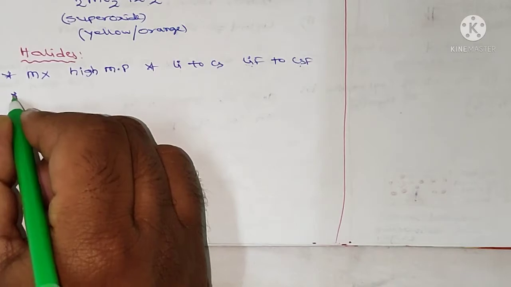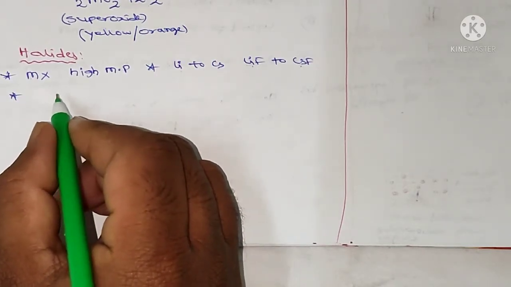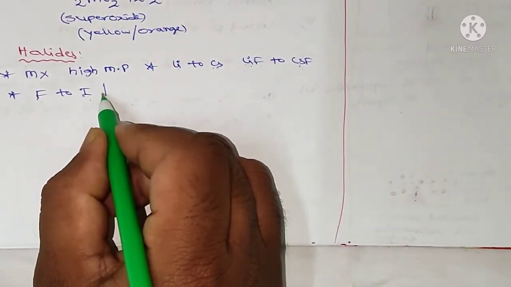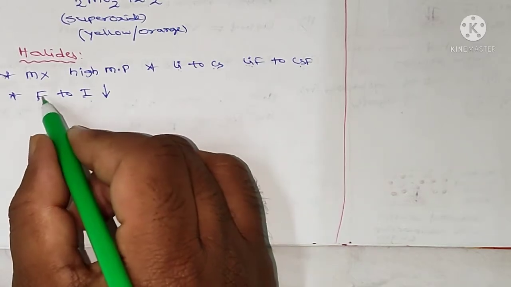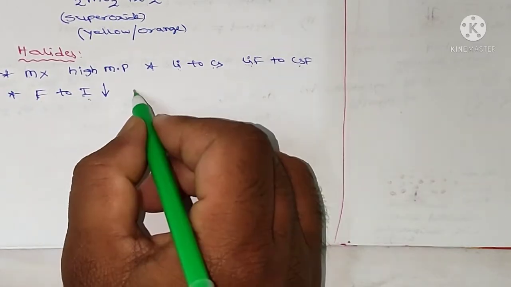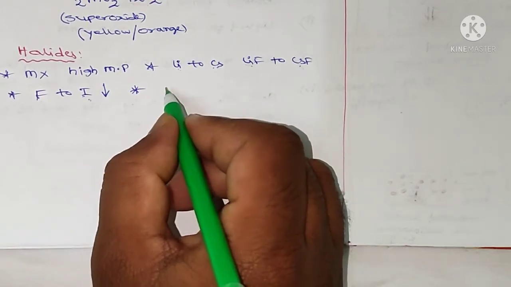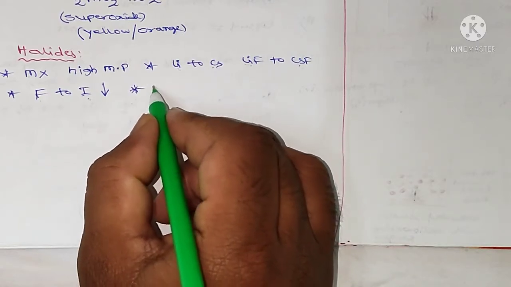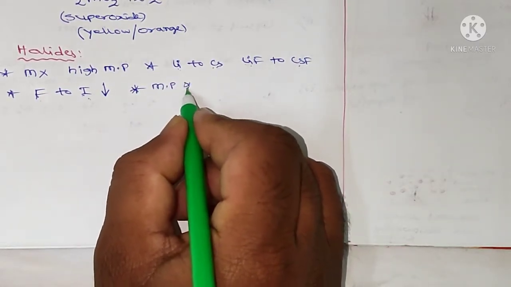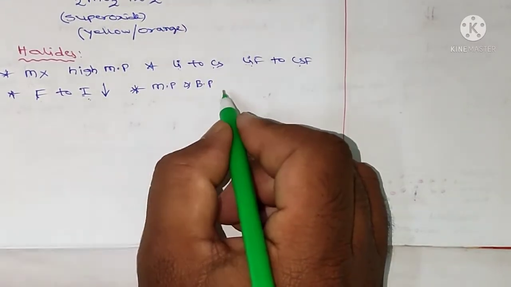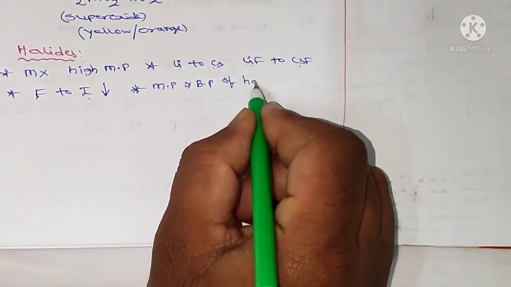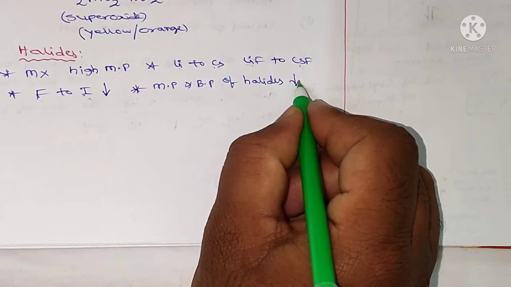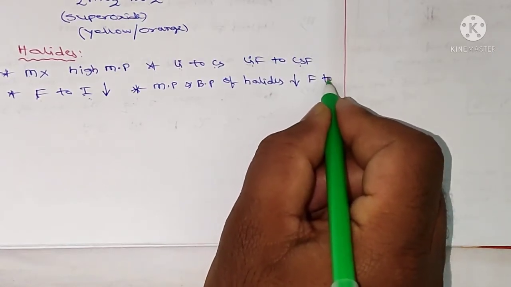The enthalpy of formation values also decrease from fluorine to iodine, and the melting and boiling points of halides decrease from fluorine to iodine.